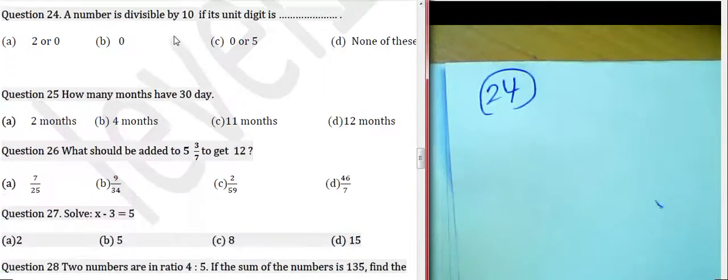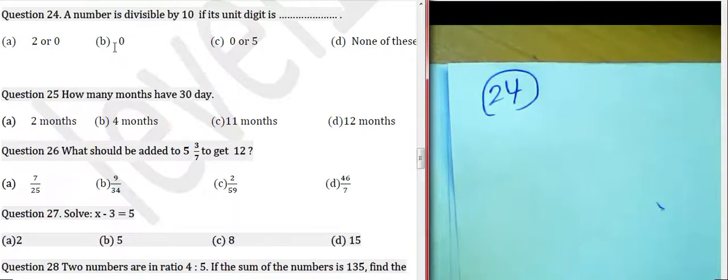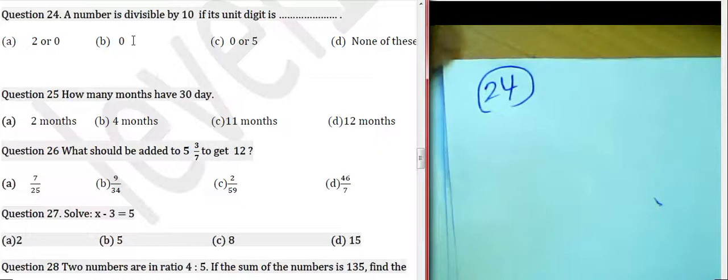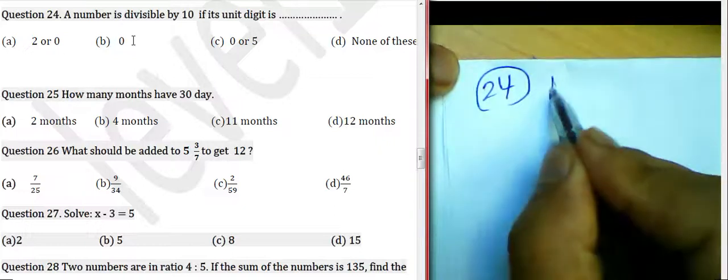A number is divisible by 10 if its units digit is 0. Again, a number is divisible by 10 if its unit digit is 0. Okay, we must choose letter B.